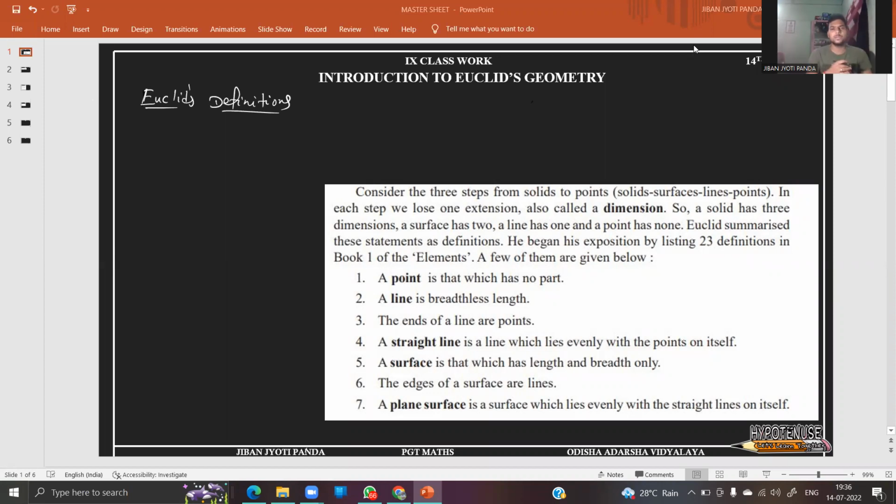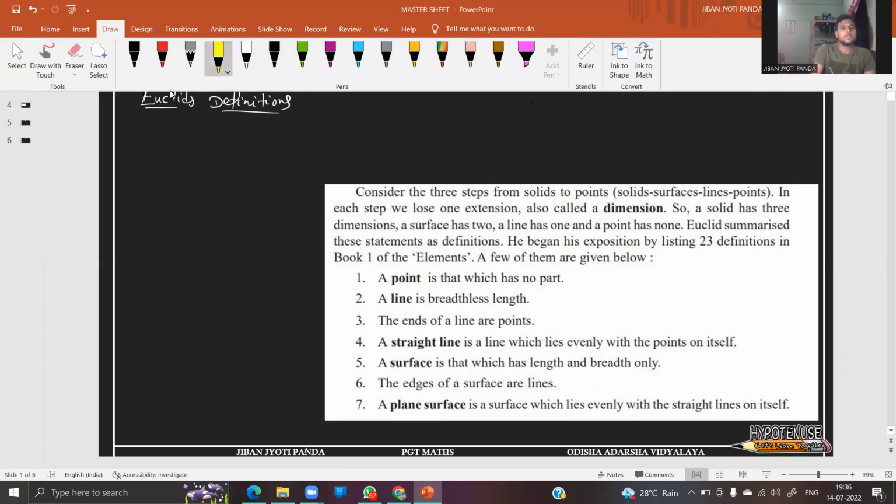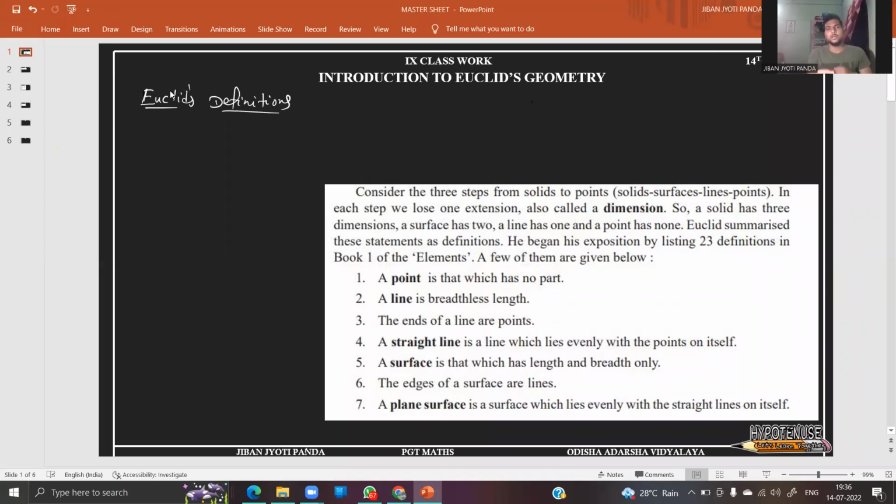So the chapter's name, you all know, is chapter number 5, Introduction to Euclid's Geometry. Let us proceed. Euclid is one of the greatest geometricians, we can say mathematicians, who gave a very good start to learning geometry, or organizing the concepts of geometry.